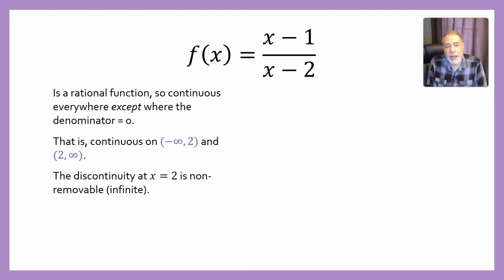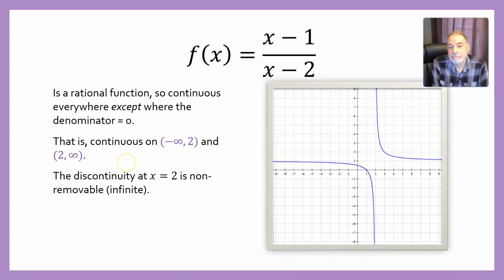I know that because the numerator is not 0 there. We get a numerator that's approaching 1 over a denominator that's approaching 0. So we get an infinite limit, going to infinity on one side and negative infinity on the other side. See? There's the graph with the infinite discontinuity at x equals 2.